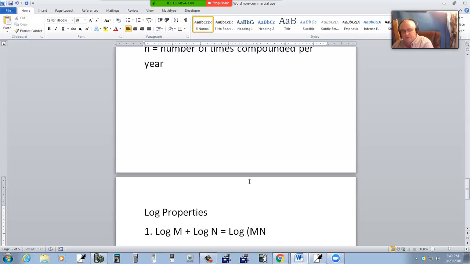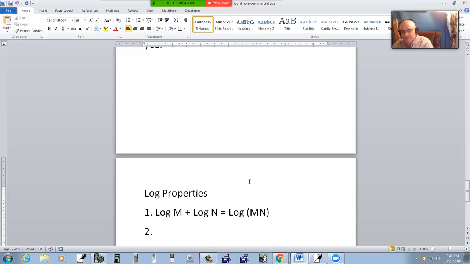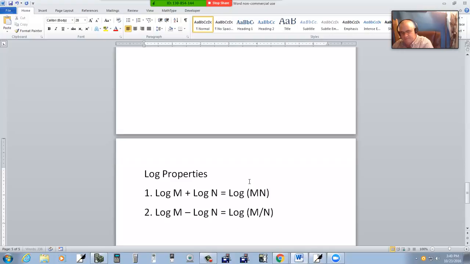Addition becomes multiplication. You got log of something minus log of something. Subtraction becomes division. If you got a number in front of your log, although it doesn't have to be a number, then you can put that as your power.